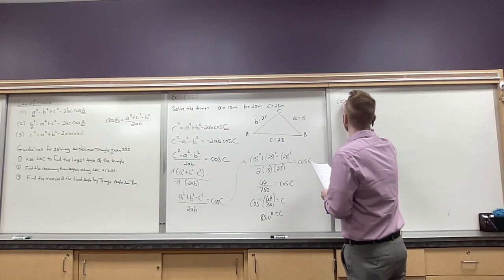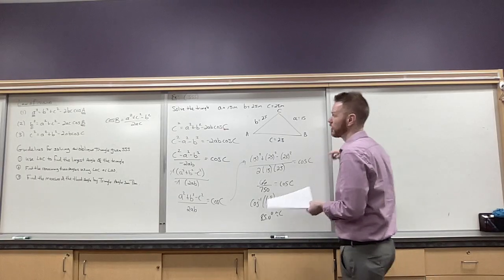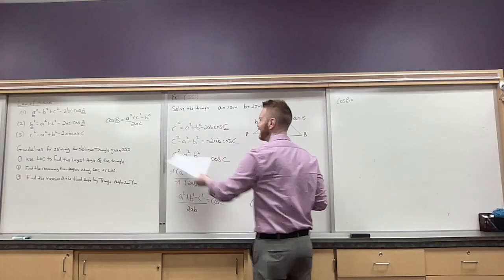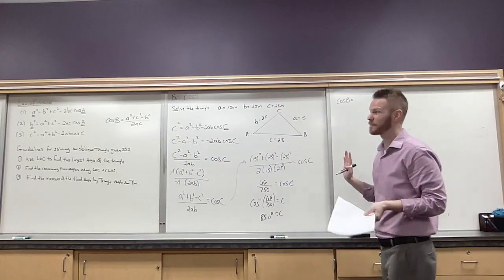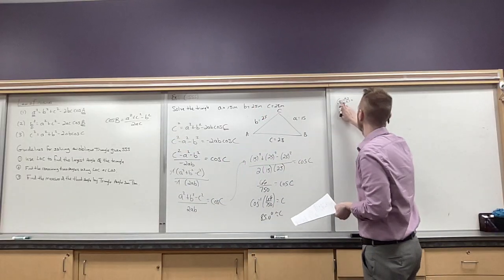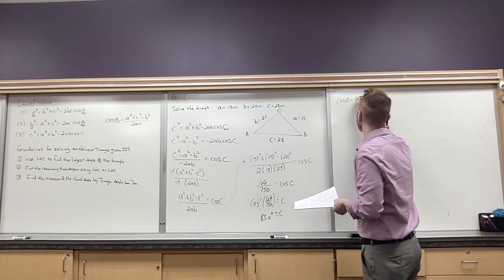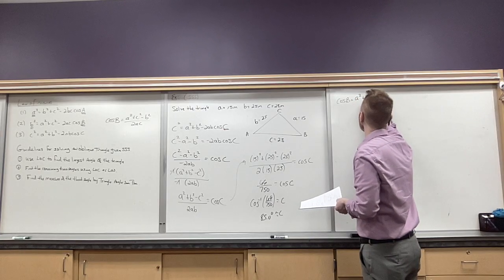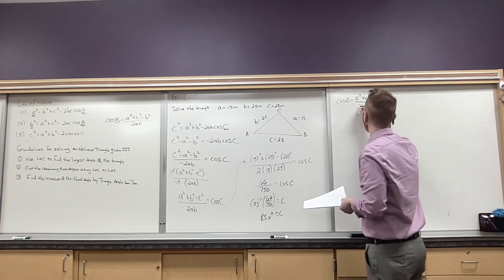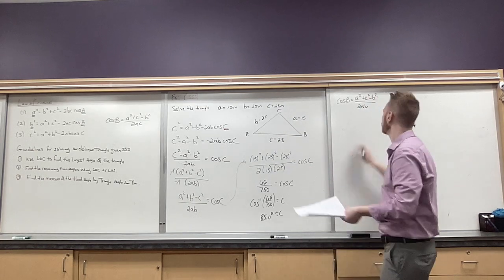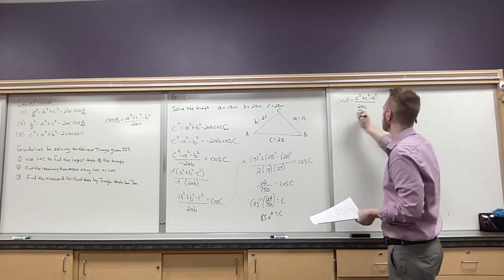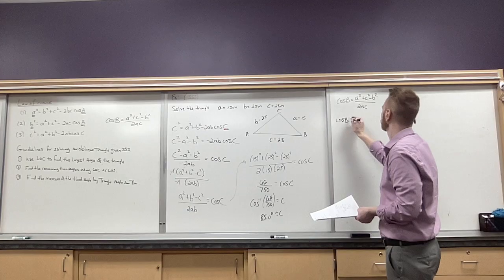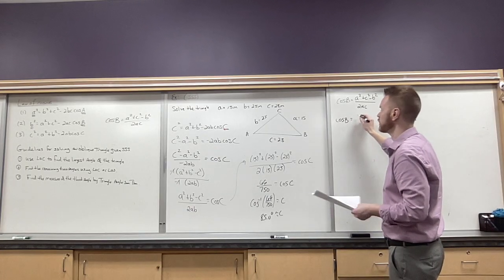All right, so cosine of B. Now, I kind of did it already over here. By complete accident, I didn't realize I was going to use that again. But if I solve for cosine of B in the original formula, I get this guy. So why not? I went ahead and I did all the hard work, might as well use it. So cosine of B, and let's plug the values in.